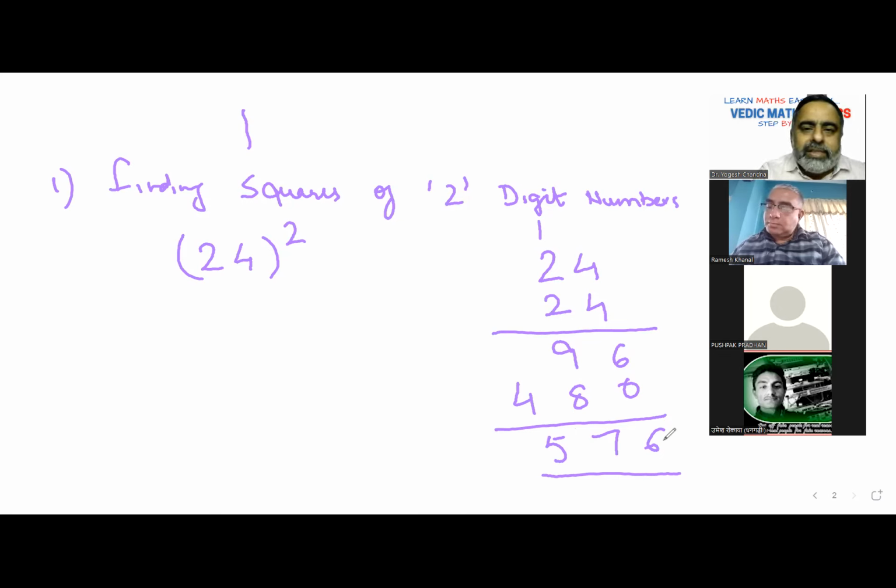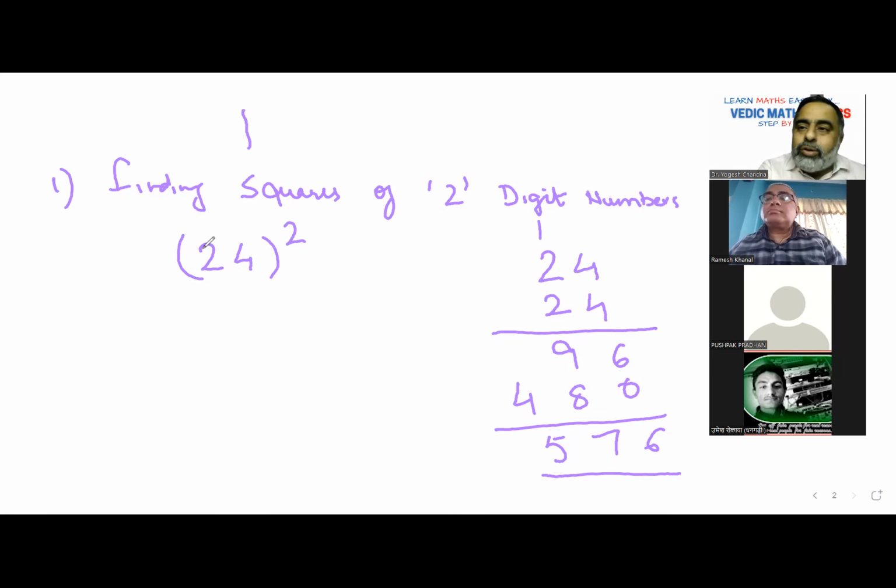Yes, Umesh, this is the only concept. Yes, sir, this is the only concept. Now, this is correct, but we have to be fast, because in examinations we have a race against time. Now see, how do we write in case of Vedic maths?